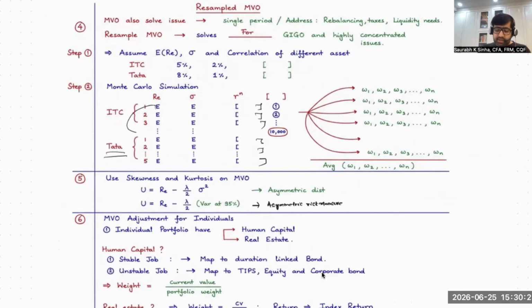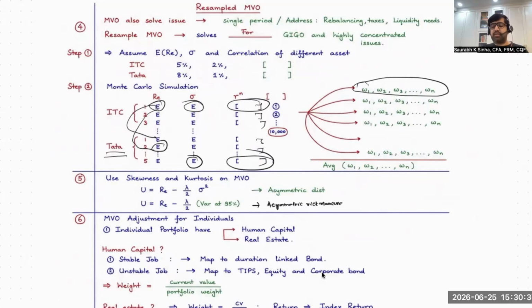Then take this combination, and generate the mean variance optimized asset allocation. This is your first run. Then take this return, this risk, this correlation, and this return, this risk, and this correlation. Generate second asset allocation as a different weight.